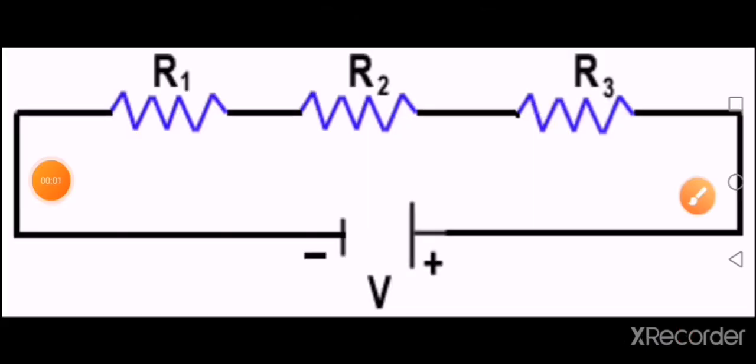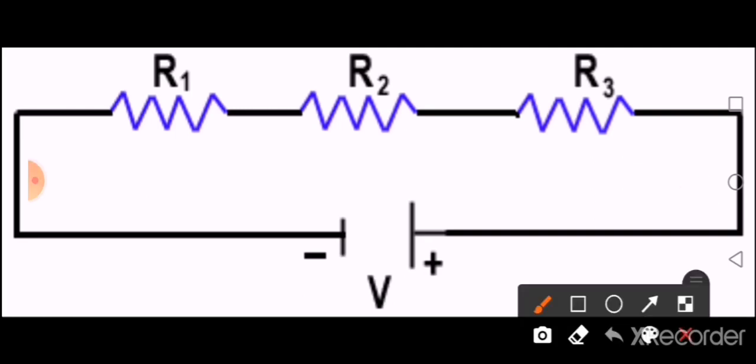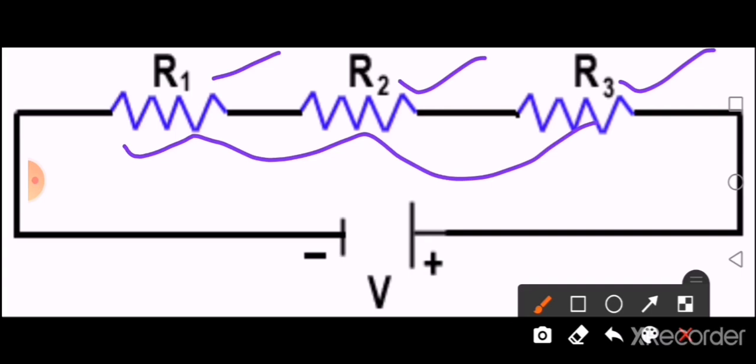So let us start with combination of resistors in series. If you see the figure, you can see three resistors R1, R2 and R3. They are connected in series, which means one after the other, an end to end connection.